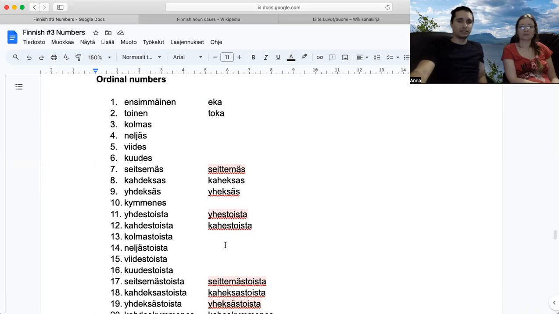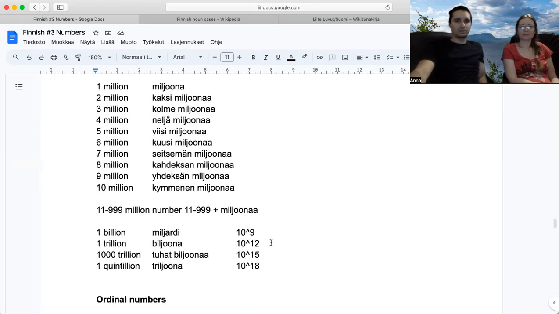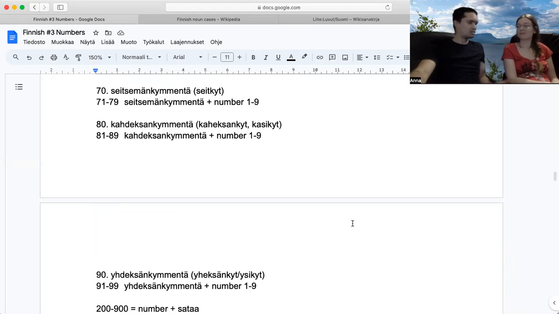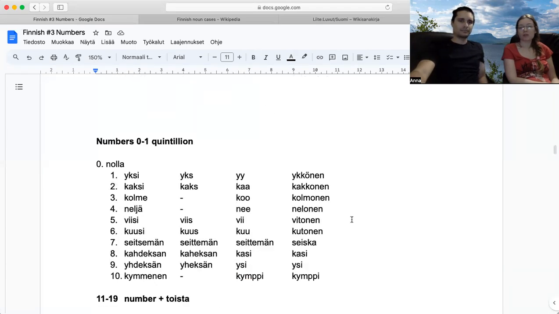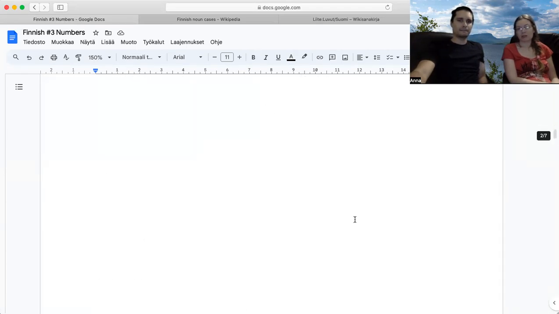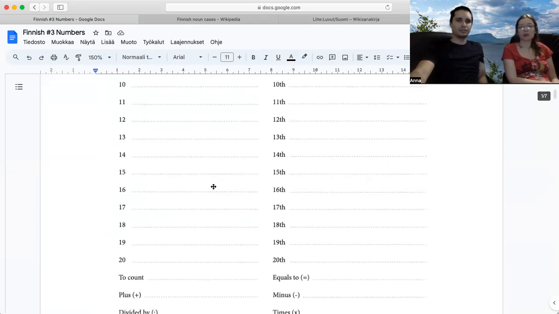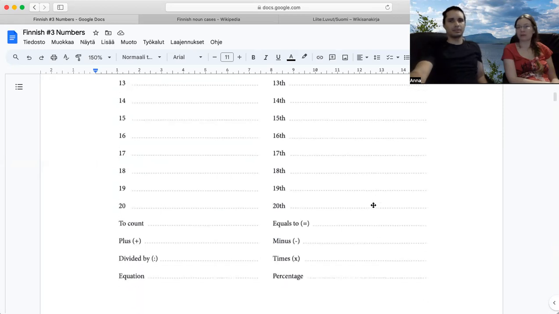We gave all the answers, and also the numbers from 0 to 1 quintillion. Is there anything you want to address now in the end? I don't think so. If you have any questions left or you need some more examples, just leave a comment and we will come up with something.